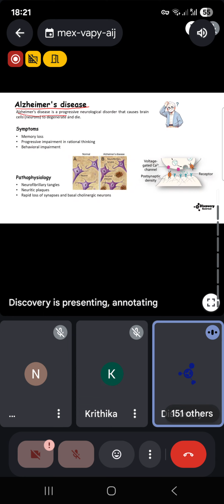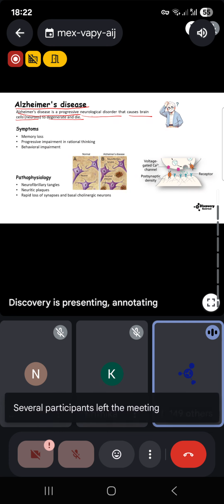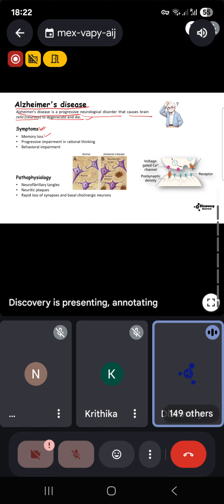Alzheimer disease is a progressive neurological disorder that causes the brain cells or neurons to degenerate and die. The main symptoms are memory loss, progressive impairment in rational thinking, and behavioral impairment.